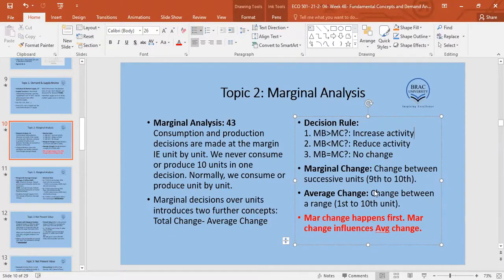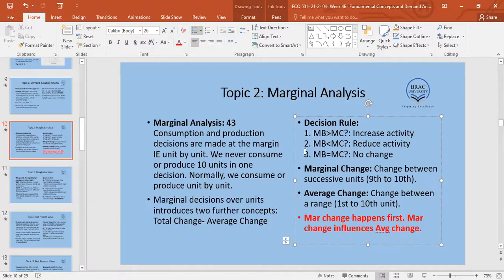I will have the next glass of water. Now, after the first glass of water, my thirst has gone. Somebody asks me, will you have a second glass of water? Then I say, okay, I'm willing to pay 5 taka for the second glass, because I think that's the amount of happiness I'll get. The price of the water has remained unchanged.